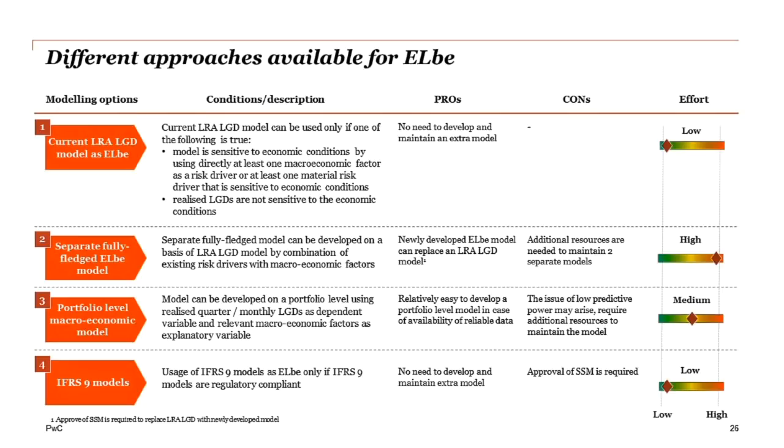And we need to keep in mind that for this option, additional resources would be required to develop, maintain, and document the model. Option number 4, the use of IFRS 9 models, is available only in case the models are regulatory compliant. Of course, if banks would follow this option, an approval of regulator would be required, and SSM would be investigating the models deeply.